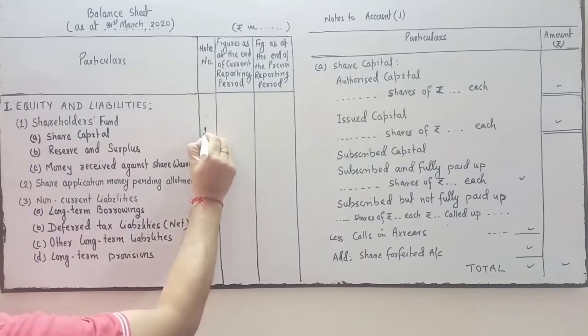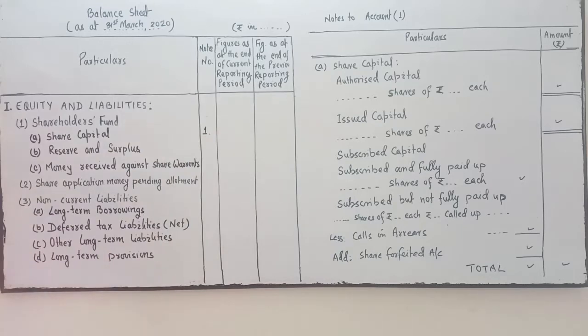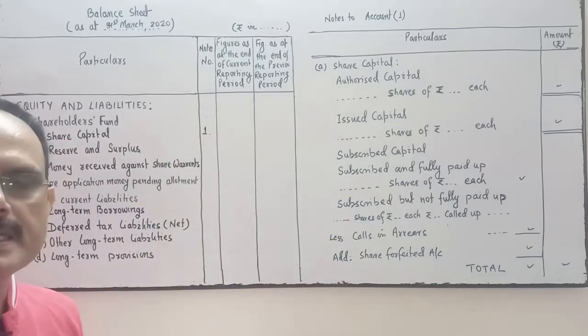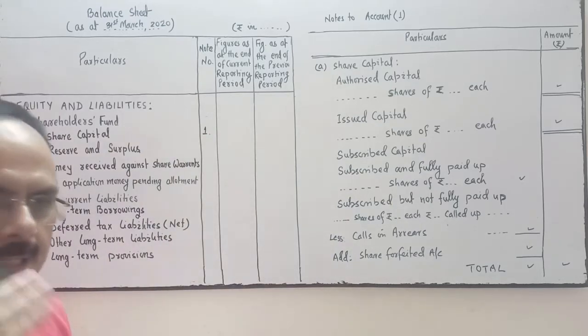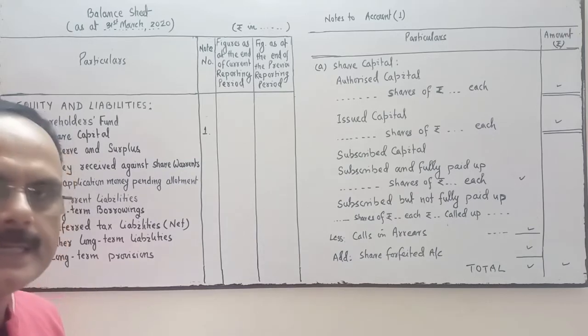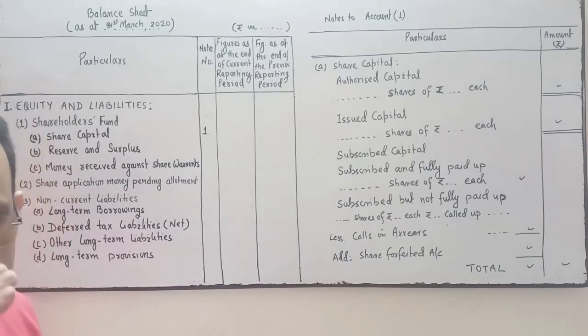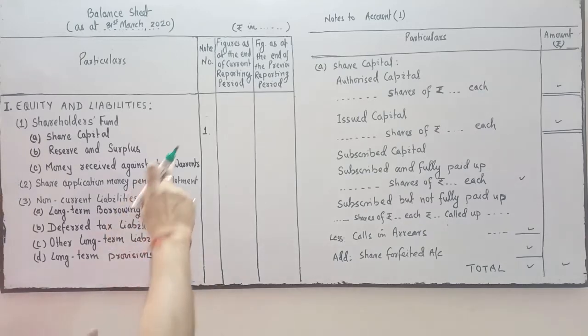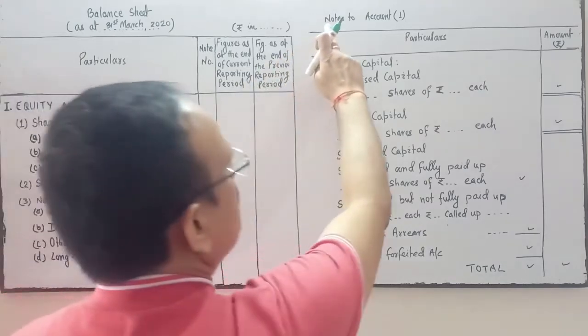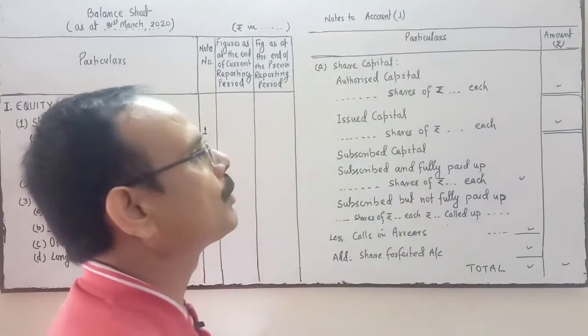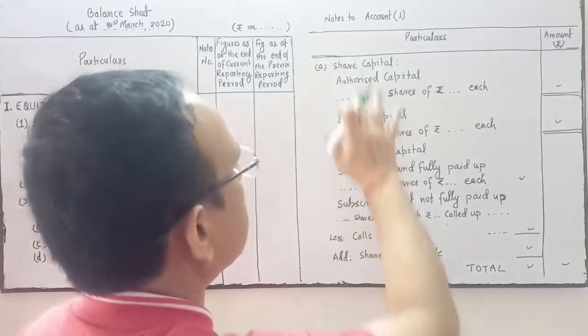If any stakeholder wants to see the detail about the share capital, they have to refer to note number 1. So note number 1, you will get it like this, regarding the share capital.